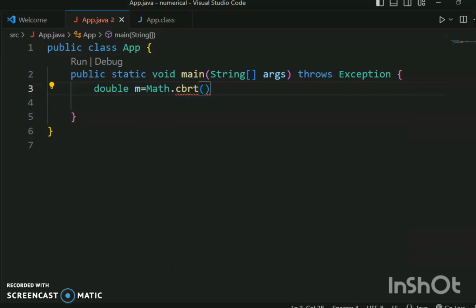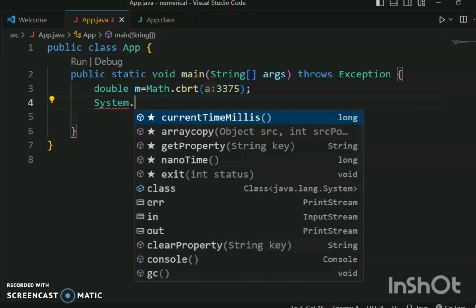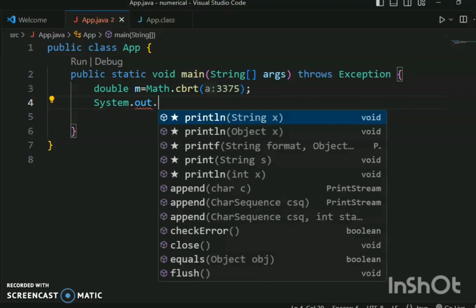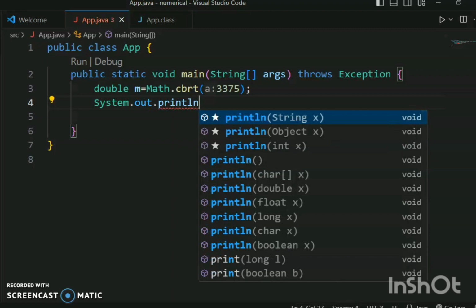Suppose I give here 3375. And another, I write again System.out.println.